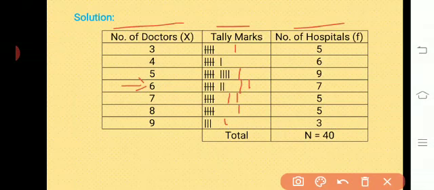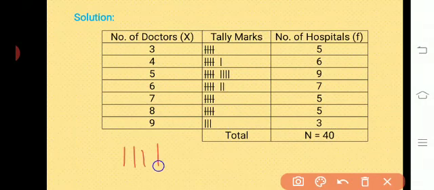Like this, we continue this procedure up to all the observations. Then, as I told in the previous question, whenever there are 5 observations, we give 4 tallies, and then the 5th tally is a cross tally, so it is easy for counting.